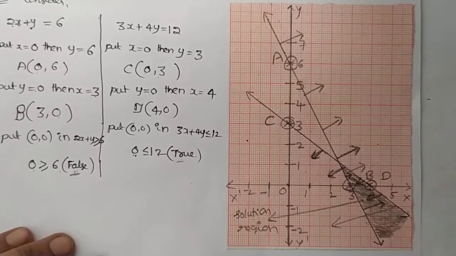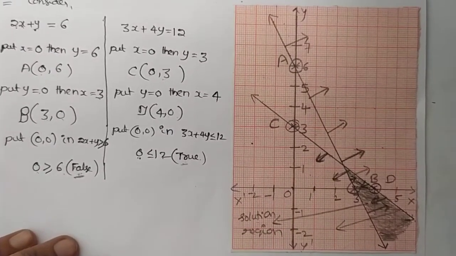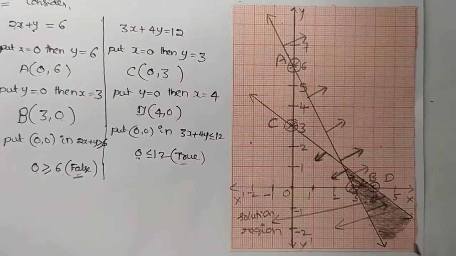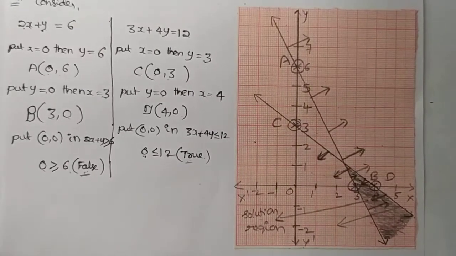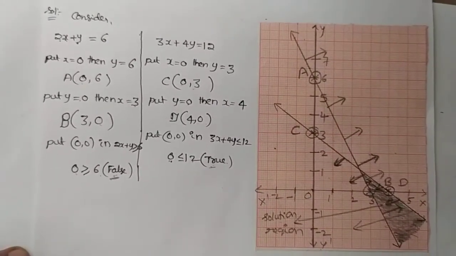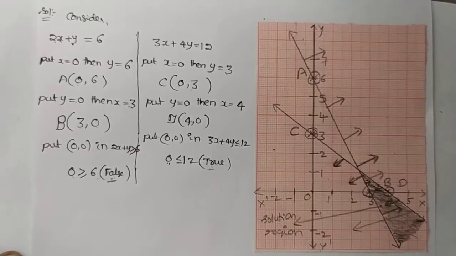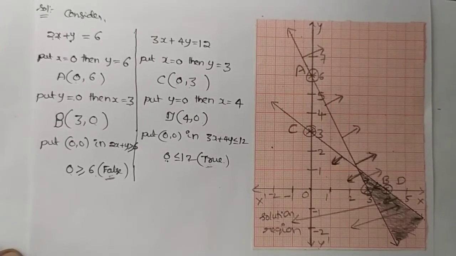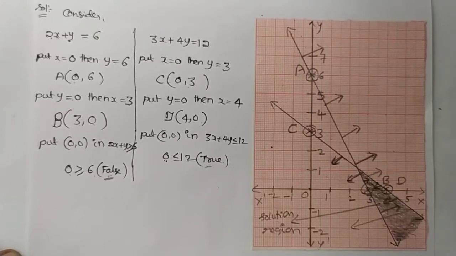If you learn it here itself, you will find it very easy to solve the graph in the second PU. If you want, you can take a screenshot of this, then note it down in your notebook or on a graph sheet. Kindly use graph sheet to solve these inequalities.